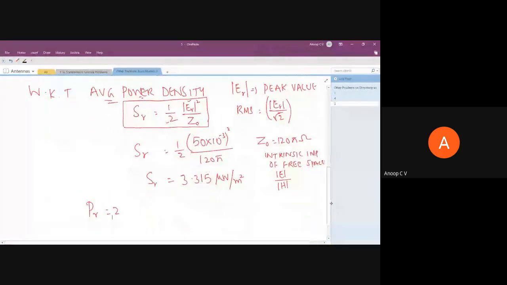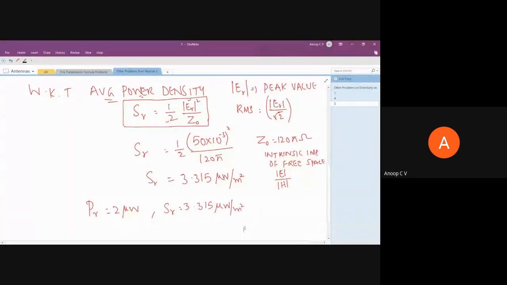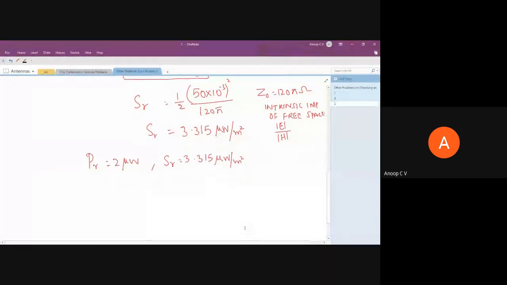So the received power is 2 microwatts, and the power density is 3.315 microwatts per meter square. Now we can easily find the effective aperture.